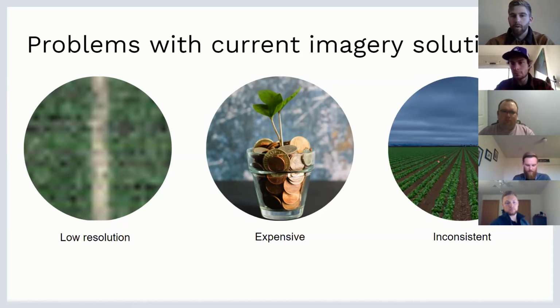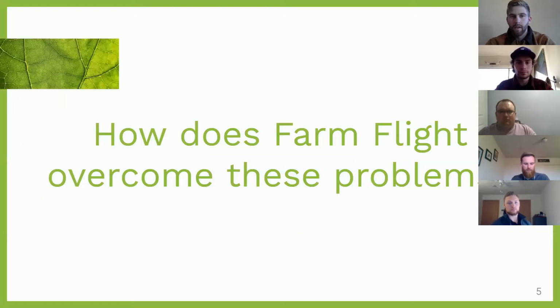And even when they were paying all that money, they weren't getting that imagery on a consistent basis. If you've worked with satellite, I'm sure you're used to getting cloudy images. If you've worked with manned aircraft, I'm sure you're used to not getting them at all. So when I started this company, we wanted to figure out how to really solve these problems.